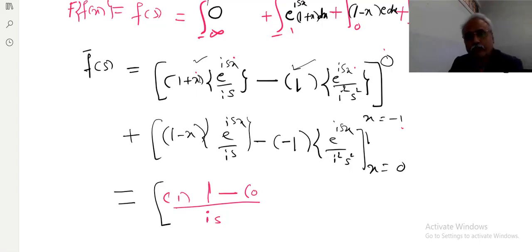Here you come: i squared is minus 1. Never forget that; every time we will be using i squared equal to minus 1.